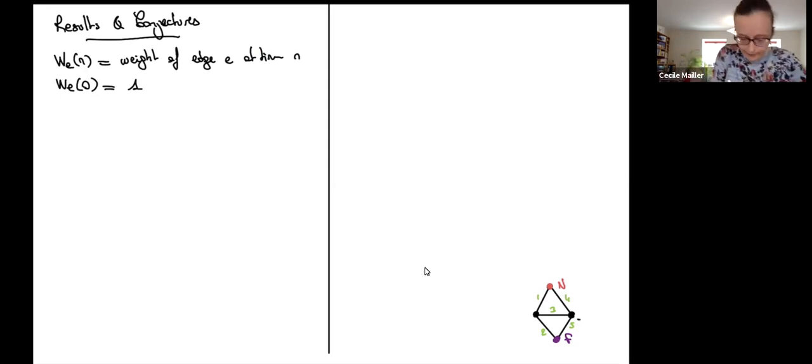To state our results and conjectures, it's useful to define some vocabulary. There are two phrases I want to define.